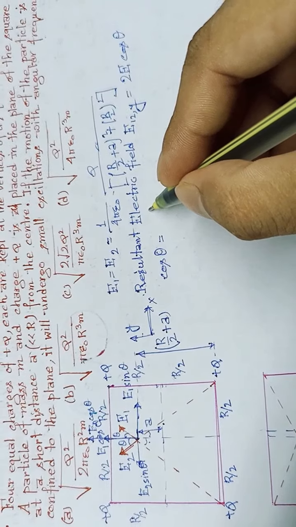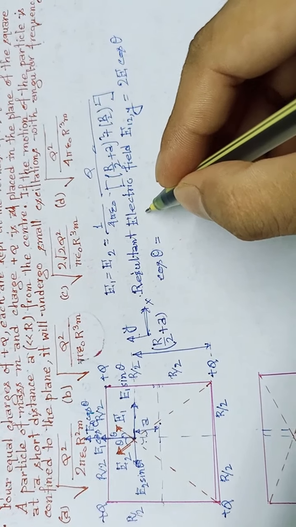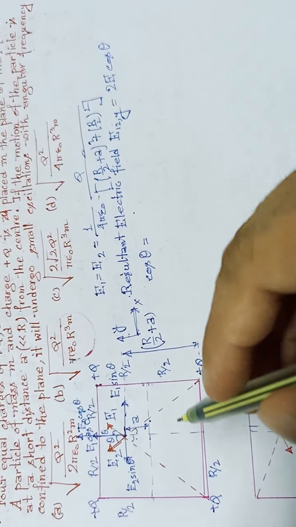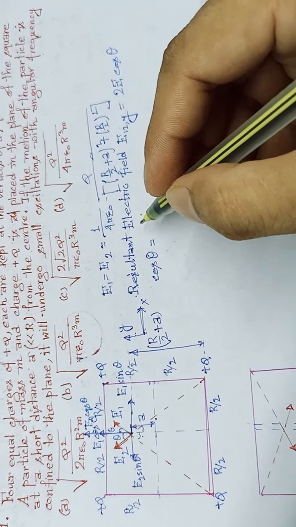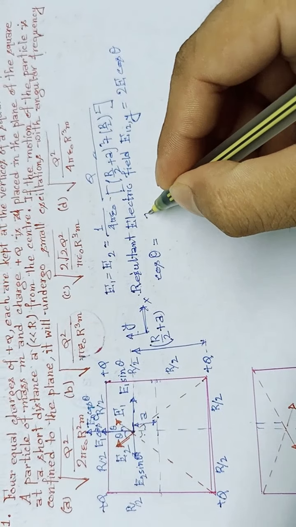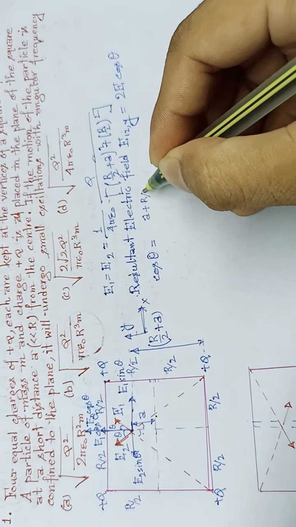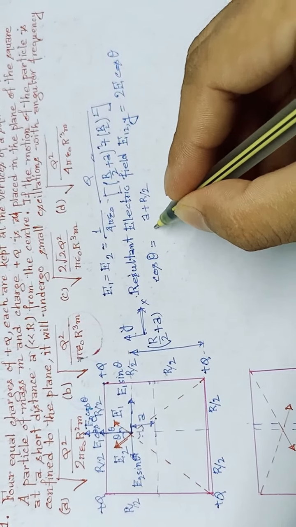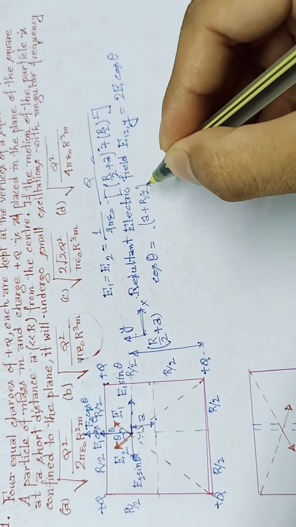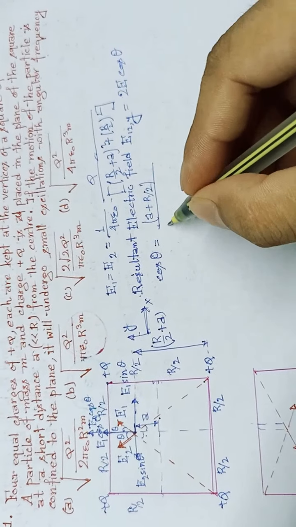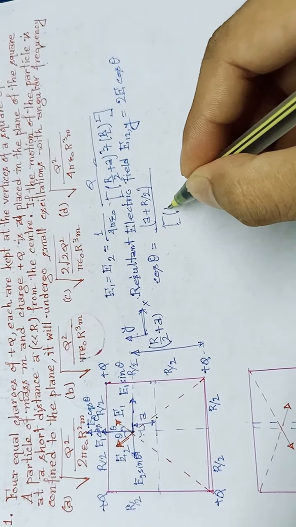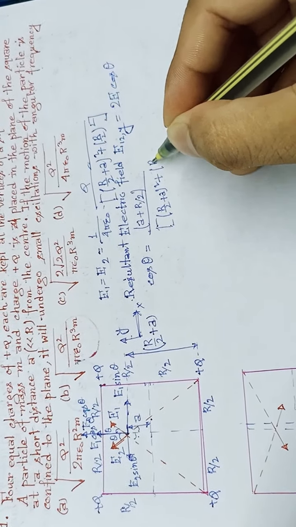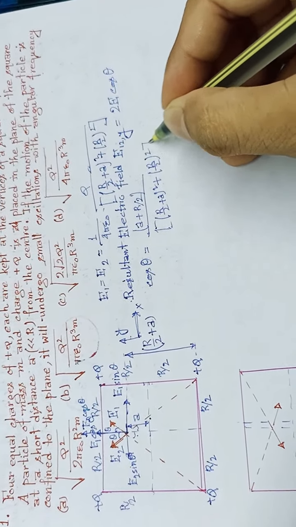So that will be equal to (a plus r divided by 2) divided by the square root of (r divided by 2 plus a) square plus (r divided by 2) square.